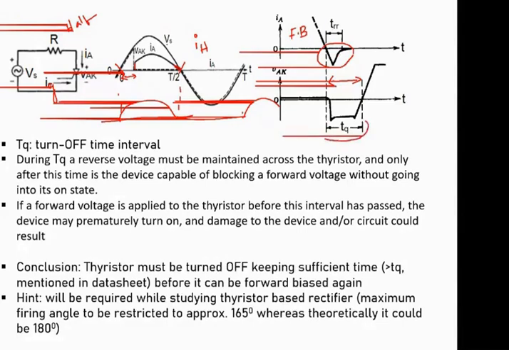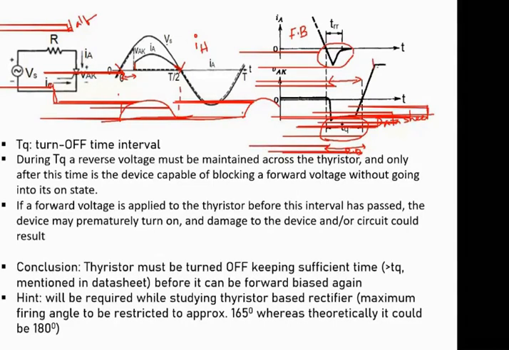So there is a time known as TQ, which is also available in the datasheet. During this zone, the thyristor must be in reverse bias condition, and any thyristor takes this time to regain its forward voltage capability again.